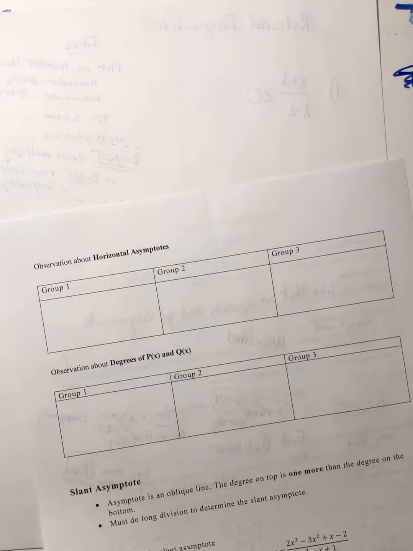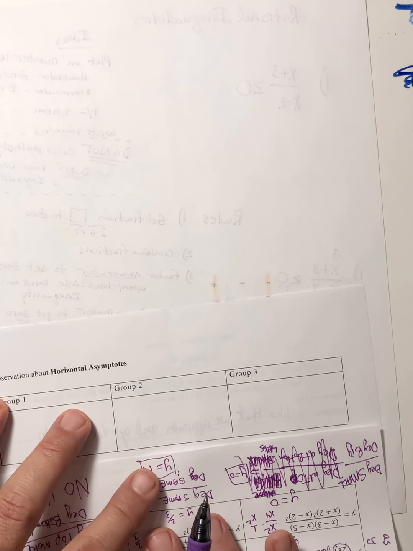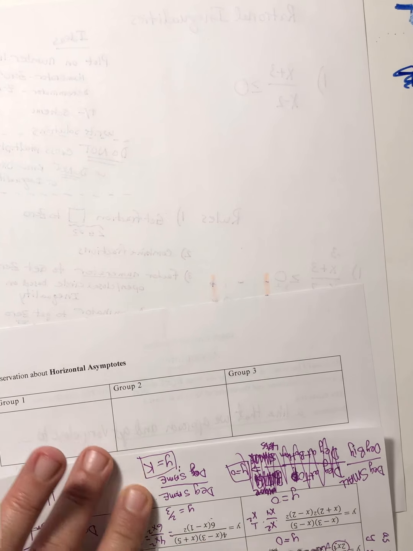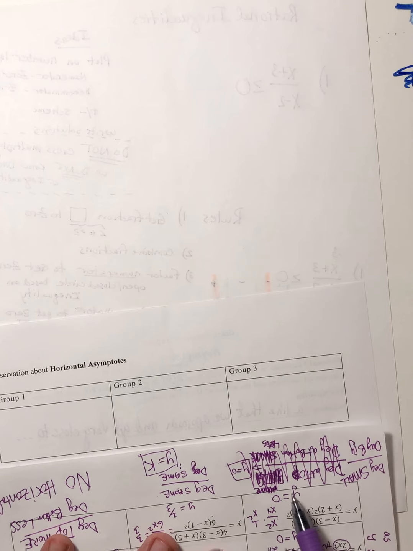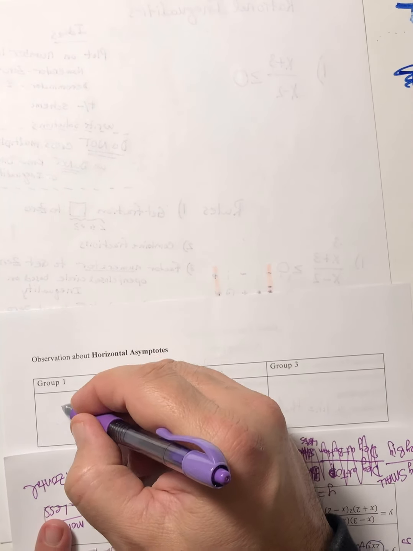That's right. So when you looked at your groups, group 1 had horizontal asymptotes of y equals 0.